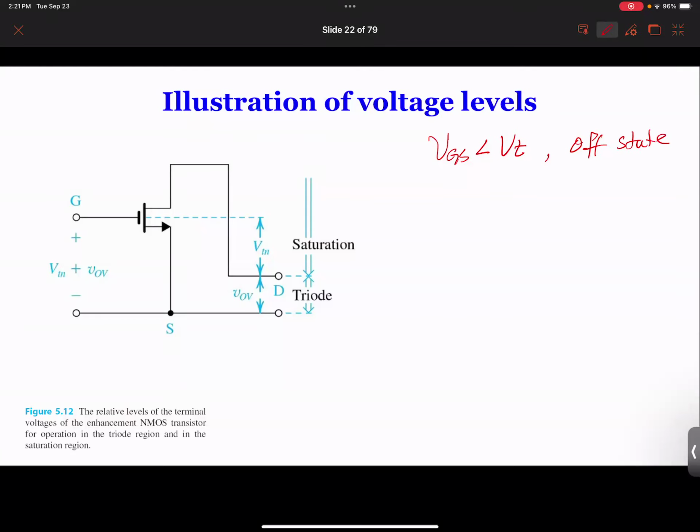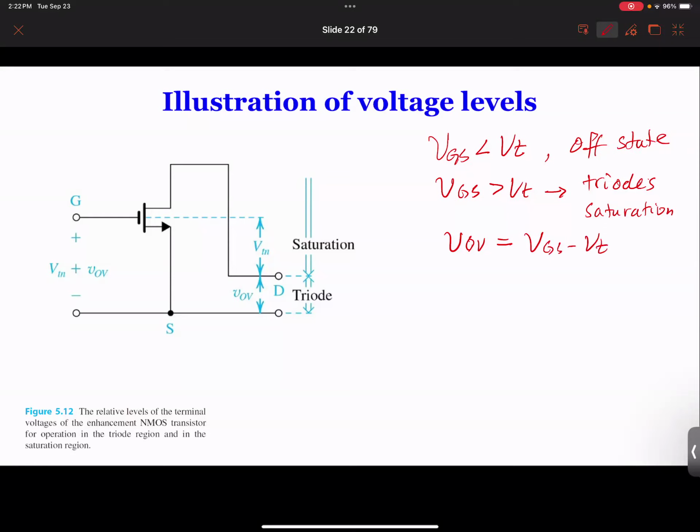It doesn't work. But if VGS is larger than VT, which is the threshold voltage, the MOSFET can be in either, we're going to call it triode mode, or it could be in saturation mode. And that depends on the difference between VGS and VT. The difference between VGS and VT is called VOV, or overdrive voltage. Some simply call it over voltage. So it's VGS minus VT.